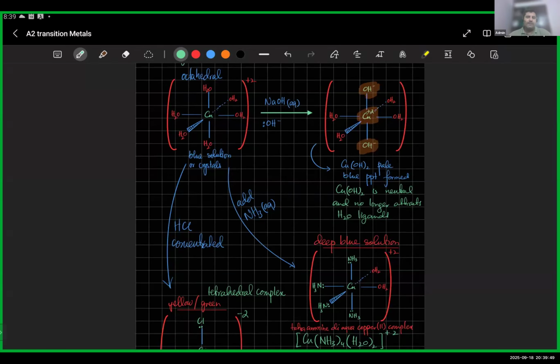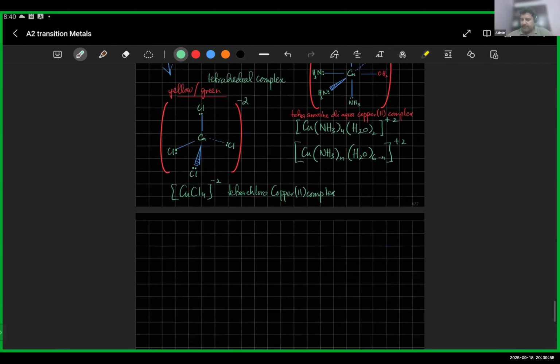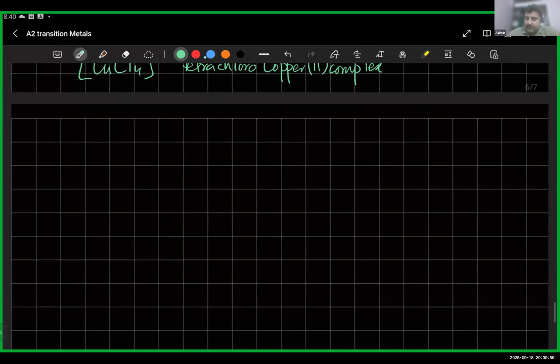The good thing is this is all you've got to know. The other stuff is the exact same thing, but in the form of an equation. We're out of time, so I'm just going to write one equation. They'll state that you have copper sulfate aqueous, and dilute NaOH aqueous was added.